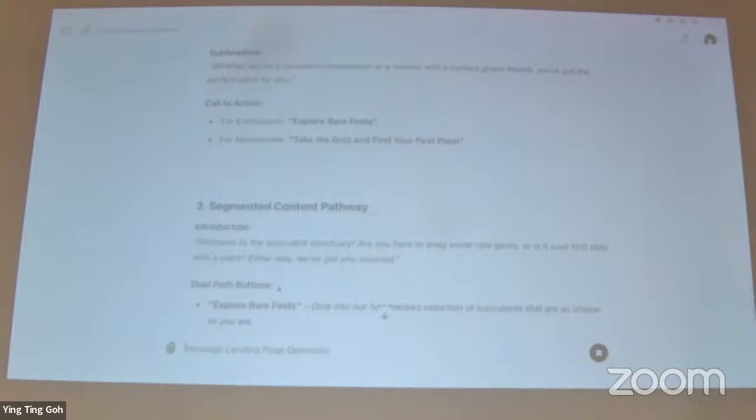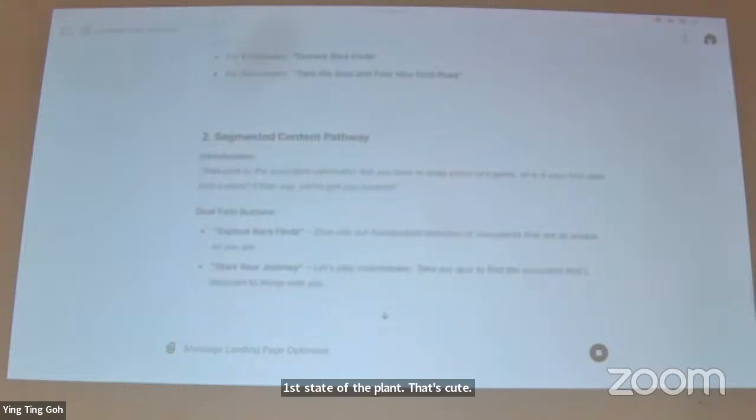First date with a plant, that's cute. Yeah. So let's play matchmaker. Find the succulent that's destined to thrive with you. I think some of it is really cute.